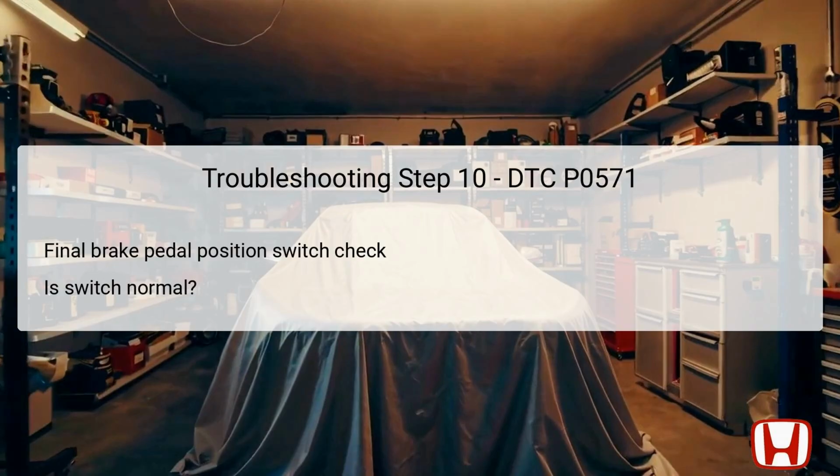If it is indeed malfunctioning, the switch must be replaced to restore full functionality of the brake light system and related systems. Ensuring the switch is operational helps finalize the troubleshooting process for the DTC. A properly functioning switch concludes the diagnostic cycle, paving the way for potential preventive measures in the future.